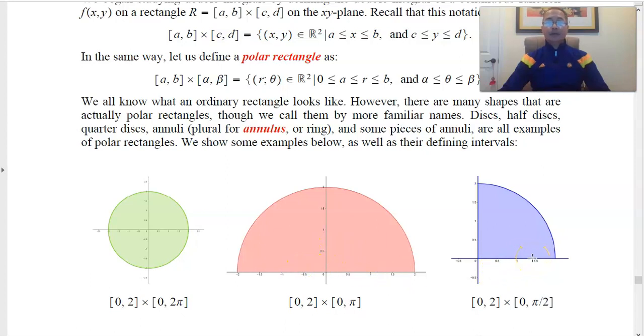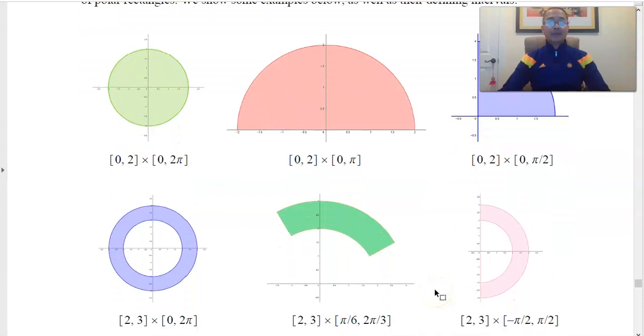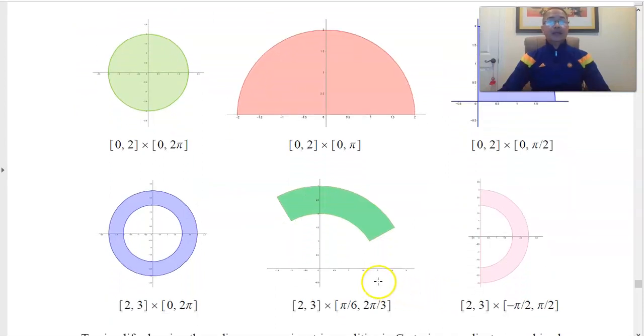If you want the quarter in the first quadrant, theta will just go from 0 to pi over 2. And we also saw annuli, plural for annulus, and it's basically a disk with an inner disk removed from it. Okay, so in this case, r goes from 2 to 3, theta goes from 0 all the way around to 2 pi.